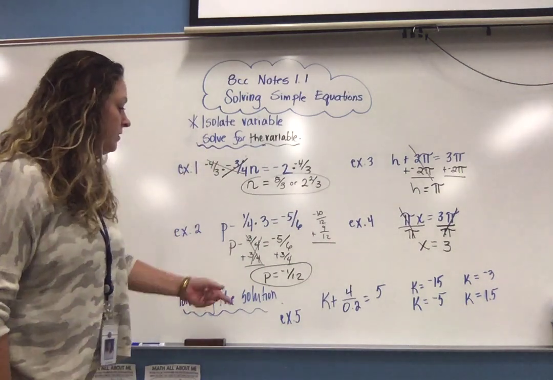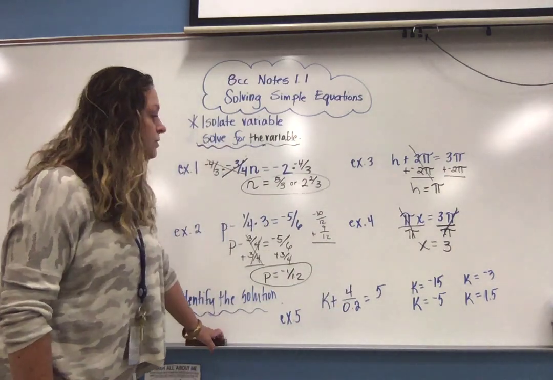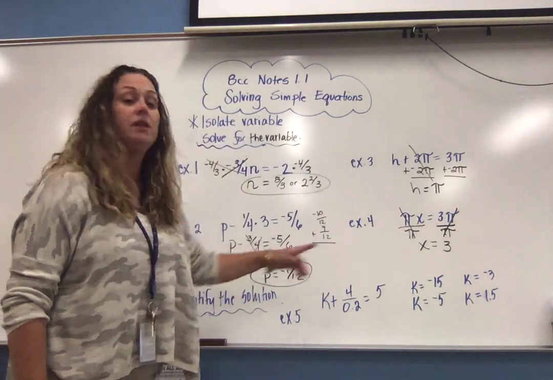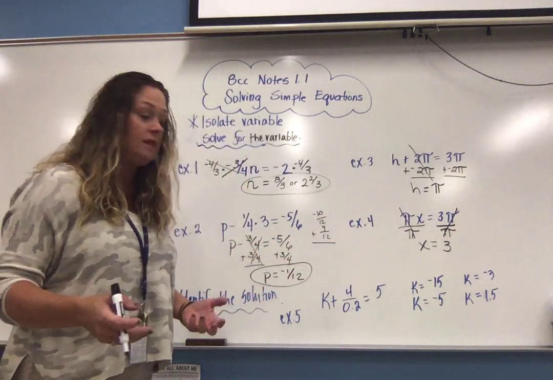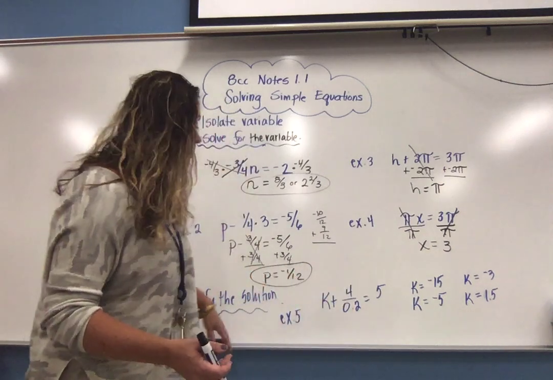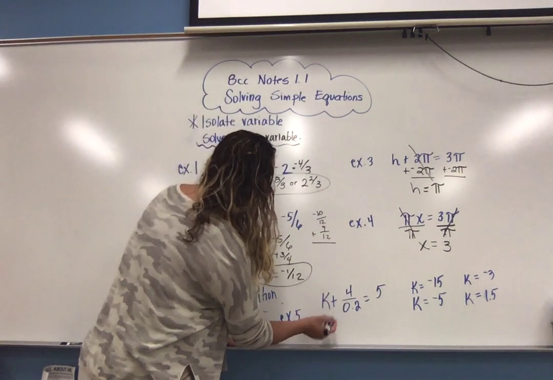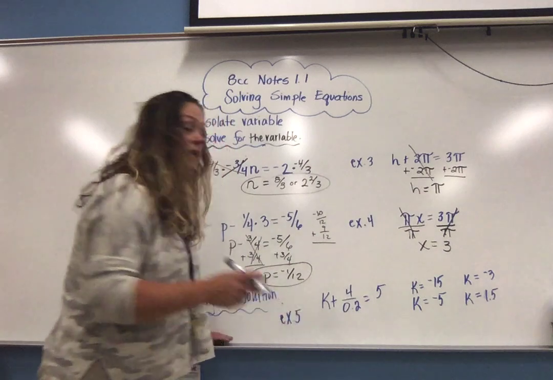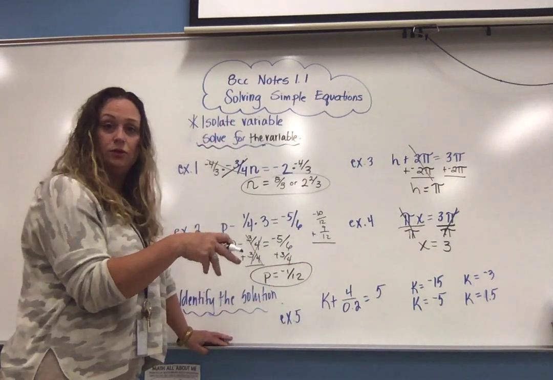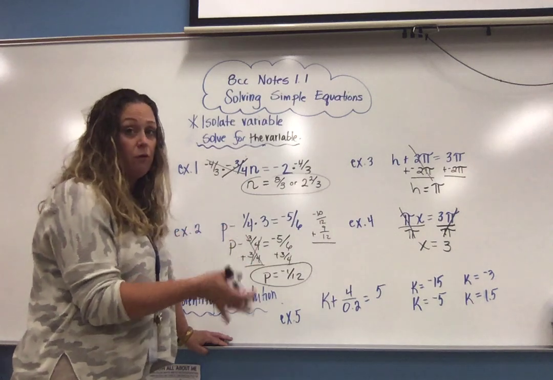In the last example, example 5, they've given you the solutions. So when it asks you to identify the solution, you can solve it and see if it matches, or you can plug in or evaluate the equation to see if both sides of the equation equal 5. So if I were to take 4 divided by negative 2, how many negative 2's go into 4? Well, 2 goes into 4 2 times, so 2/10 goes into 4 20.